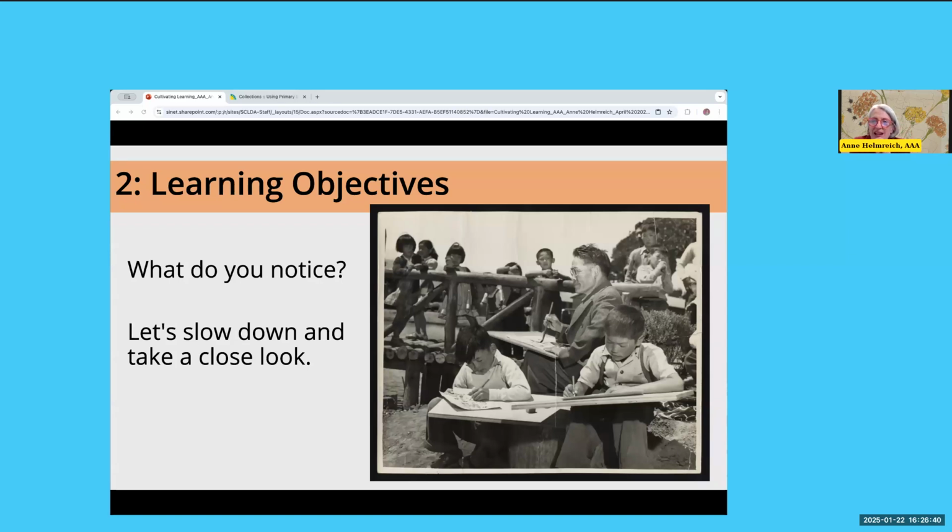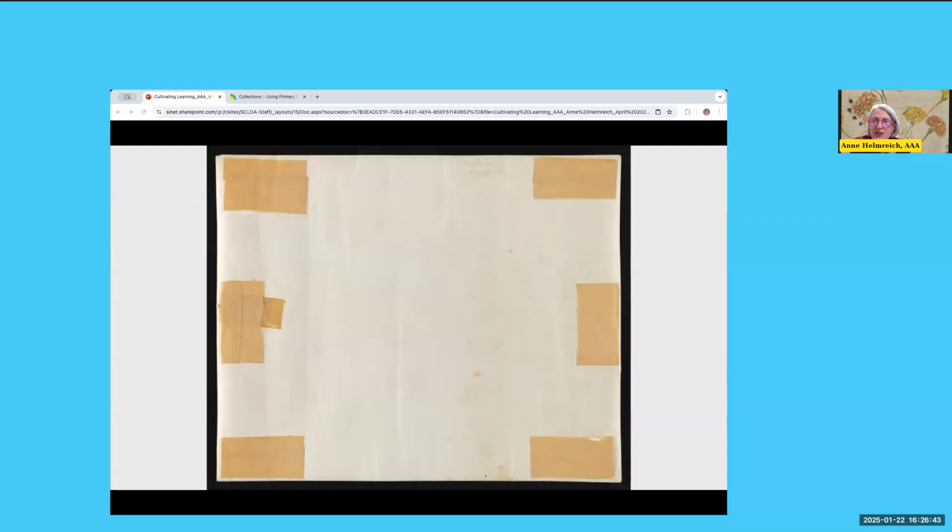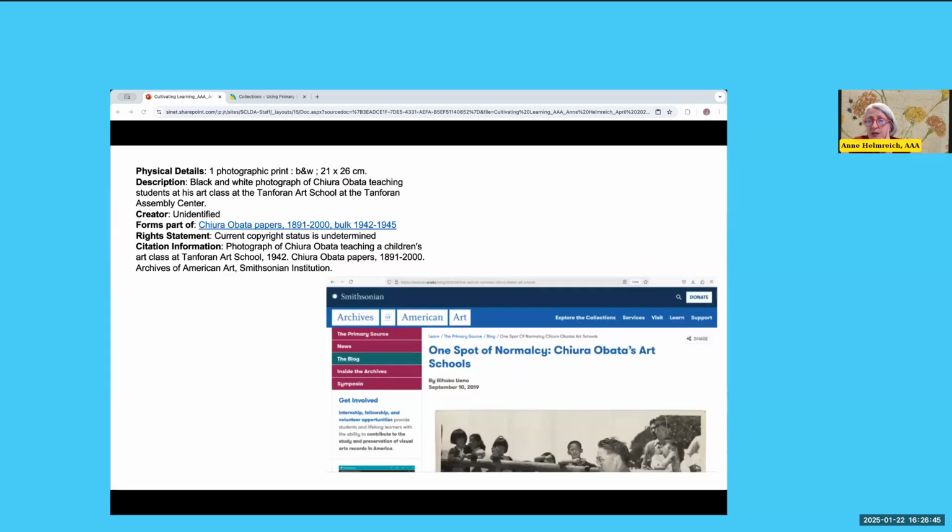So let's go ahead to the next one, Philippa. Yeah, this is a paper photo, the corners are worn. Exactly. Many of you have already begun to ask questions and think about context, trying to understand what was happening here. So the gentleman with glasses in the middle ground is Chiura Obata.